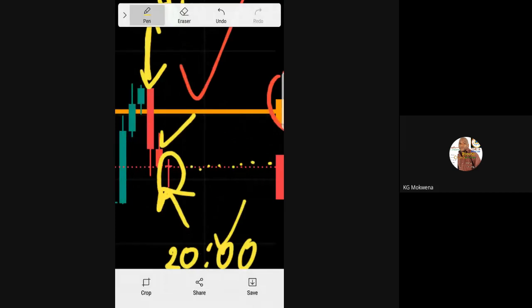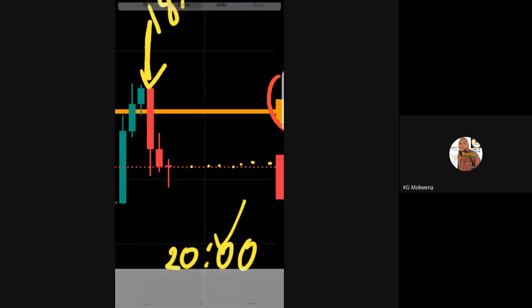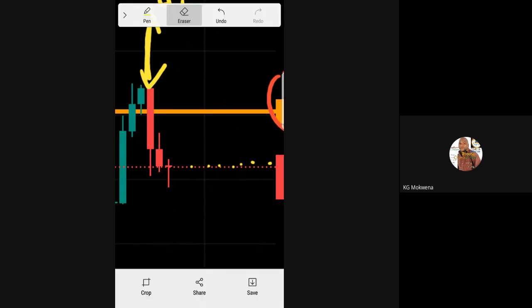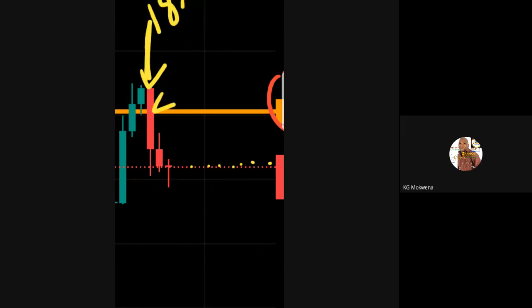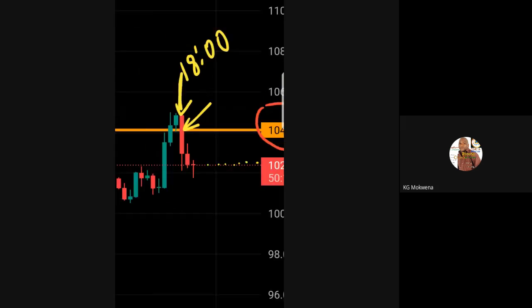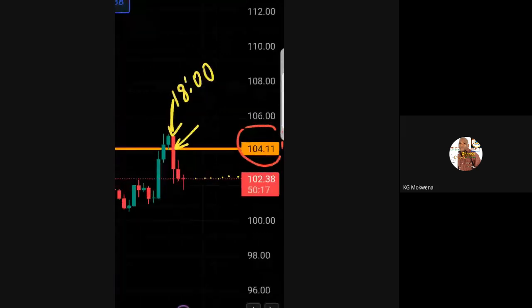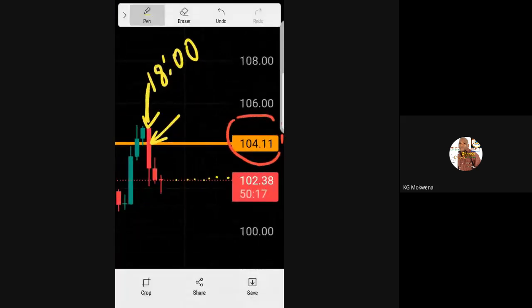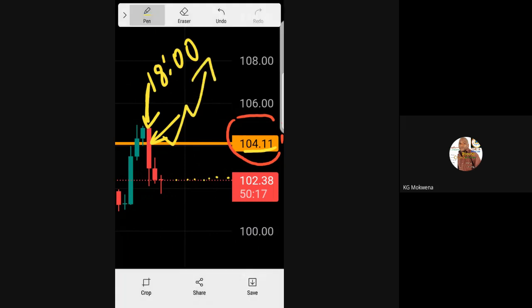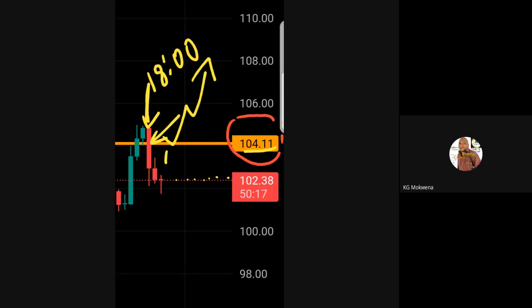So what we are learning from here is that after you entered the market, somewhere there, which is where the orange line is, the average price was $104.11. The price did not move upwards. In fact, the price kept on falling. It kept on going down.